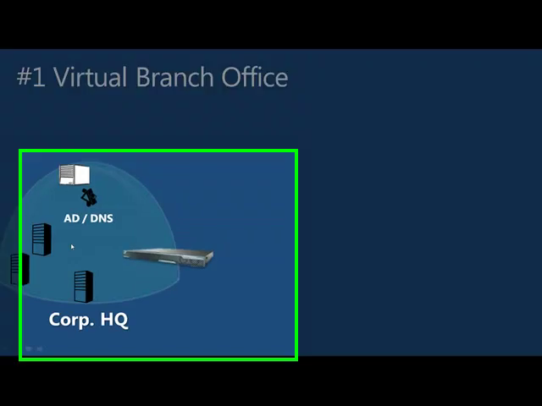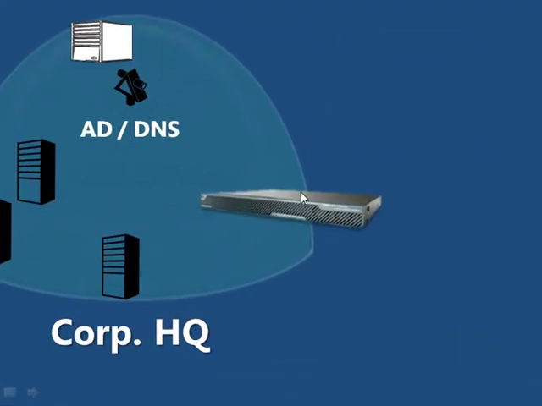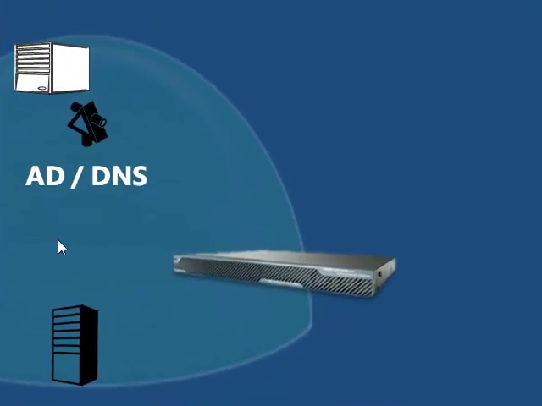So this is our first scenario, and we are going to use the Windows Azure Virtual Network to essentially create a virtual branch office. What you see in the diagram is an on-premise data center, Corp HQ, which has a bunch of servers and has the Active Directory domain DNS server, and we're going to use one of the devices approved by the Windows Azure IaaS offering to connect this data center out to the cloud.